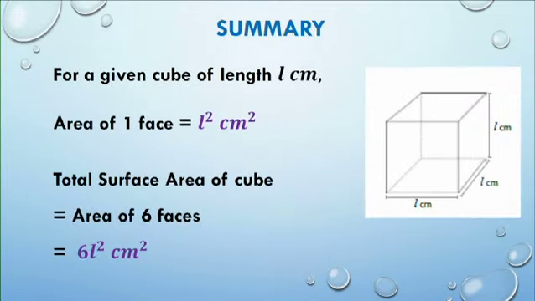Let us consider now what we have learned in this video. So if we have a cube of given length L centimeters, the area of one face will be L square centimeter square, because remember, a face is in fact in the form of a square. So the total surface area will be the area of the 6 faces, that is 6L square centimeter square.